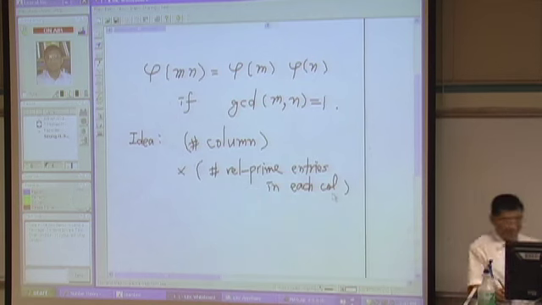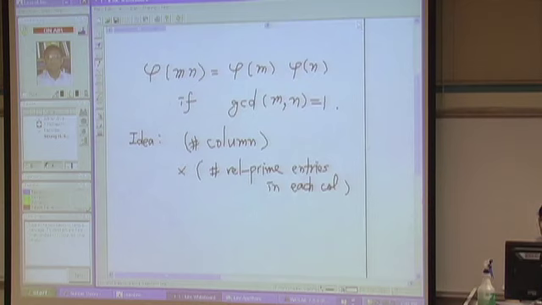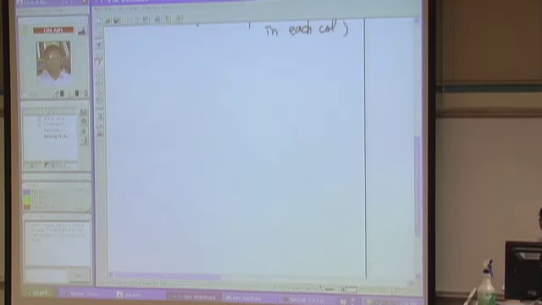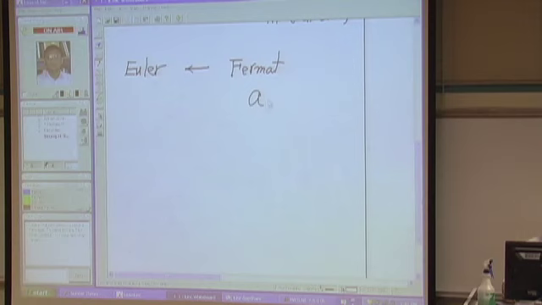Then the next thing we want to cover is a very, very important property called Euler's theorem. It's the generalization of Fermat. Fermat theorem said if you have a to the power of p minus 1 is congruent to 1 mod p.